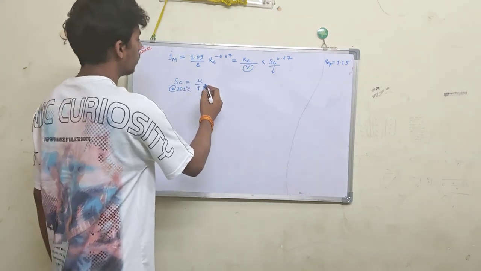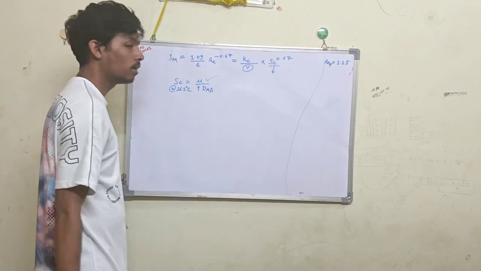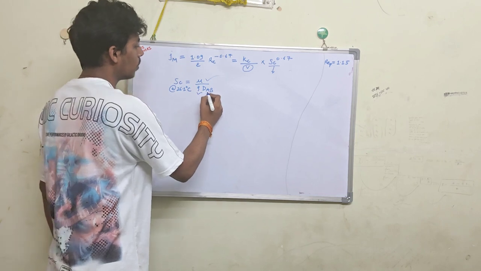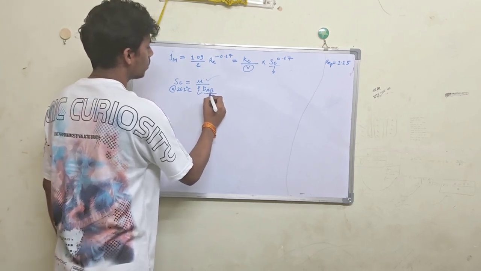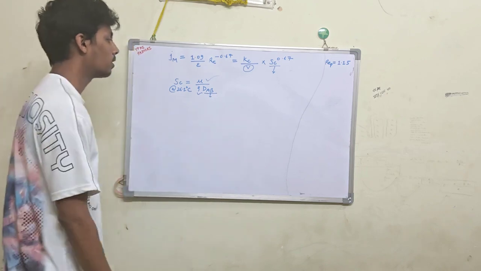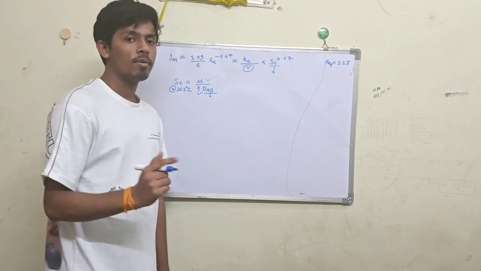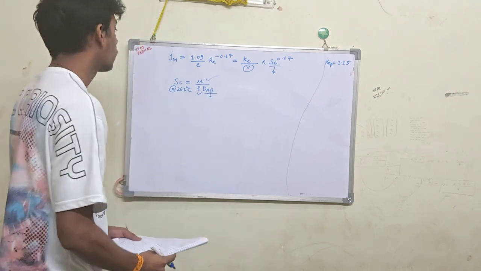Now this viscosity is given at 26.1 degrees Celsius. Density is also given. The only thing that we don't know is this DAB at 26.1 degrees Celsius. But instead the value of DAB at 25 degrees Celsius is given.